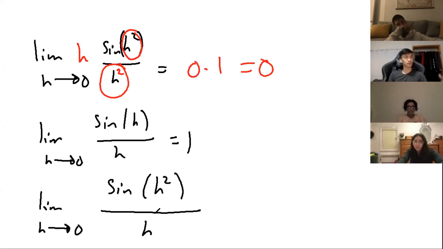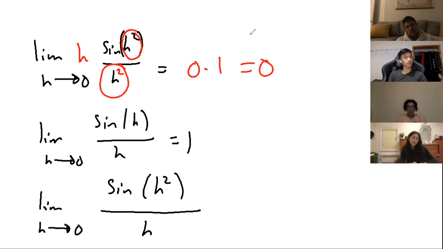If they were the same, the answer would be 1, doesn't matter how you represent it. Make sense? Because if h is vanishingly small, then definitely h squared is vanishingly small. And they have to be the same for this ratio to be 1.